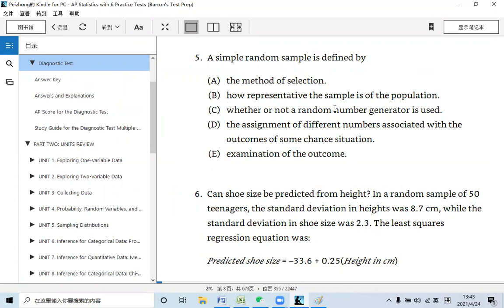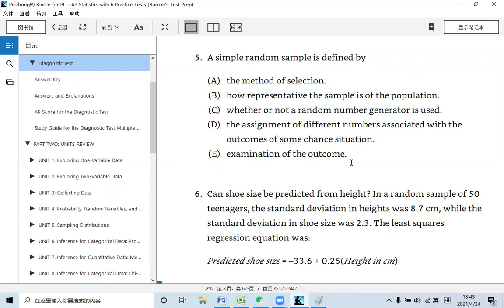Whether or not a random number generator is used. Yeah, this one is not good. You don't have to use a random number generator. There are other ways to get random numbers. Assign different numbers associated with outcomes and chance situation.